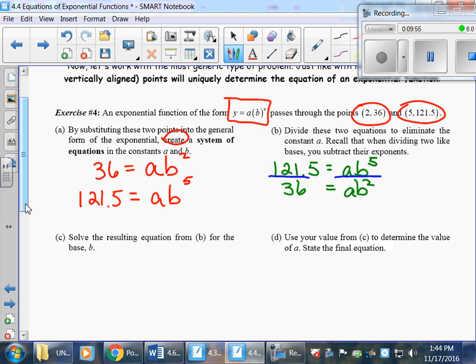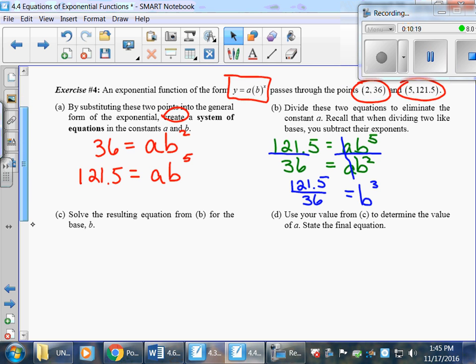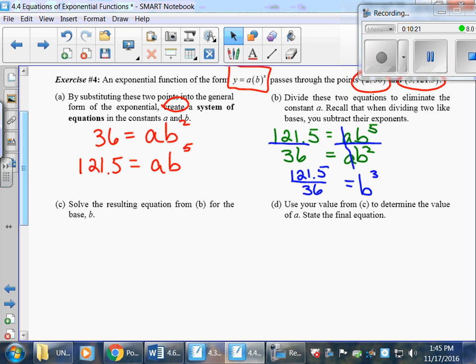They're asking us just to go to the point where we eliminate the a's. So bam, we eliminated the a's. So b to the fifth divided by b to the second, we subtract exponents, and b cubed is equal to, and I'm just going to leave it as 121.5 over 36. Because as we do our calculations, leaving things in a little bit raw form makes our answers a little bit more accurate. So moving on to C, which is now going to tell us to solve this equation.